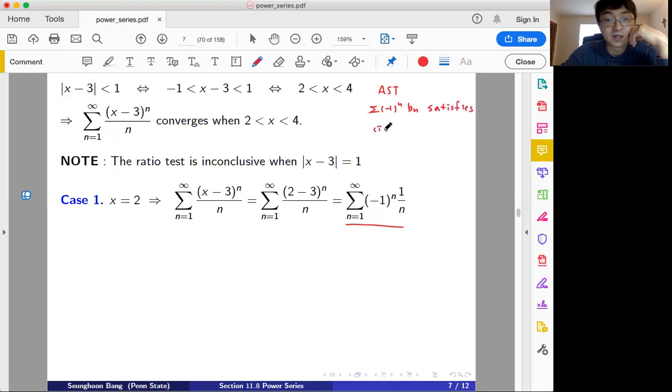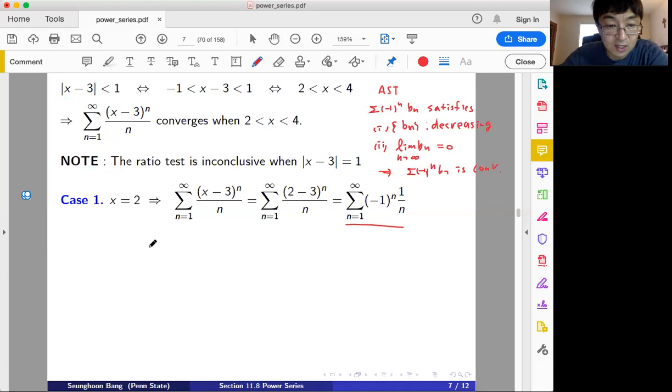The first condition is that the sequence B_n is decreasing. The second condition is that the limit of B_n as n approaches infinity equals 0. Then the alternating series is convergent. This is the whole idea.